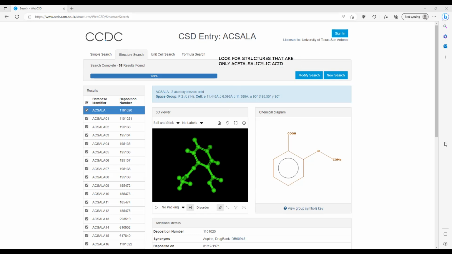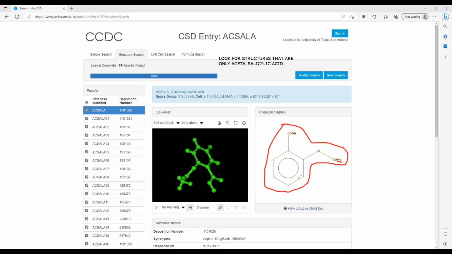And how do you know if they only contain acetylsalicylic acid? When you look at the chemical diagram, whatever you have drawn is illustrated in brown. So here, the Me, like I mentioned, is another way to say methyl group.